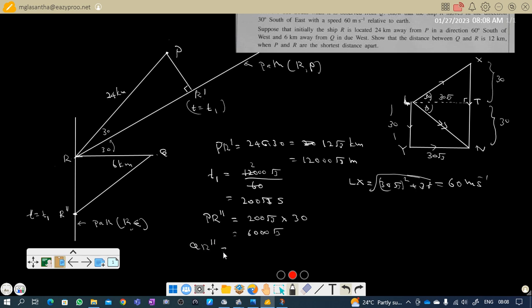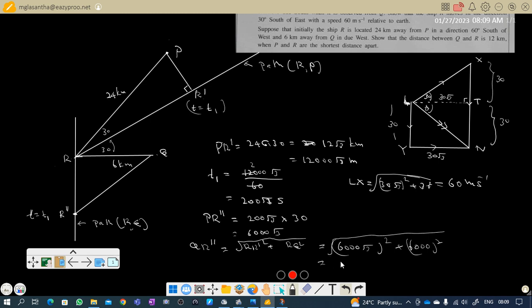QR double dash equals the square root of RR double dash squared plus RQ squared, by Pythagoras theorem. 6,000 root 3 squared plus 6,000 squared, 6 kilometers is 6,000 meters, under the square root.